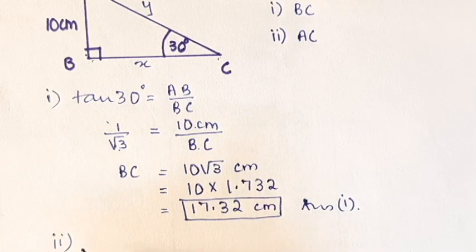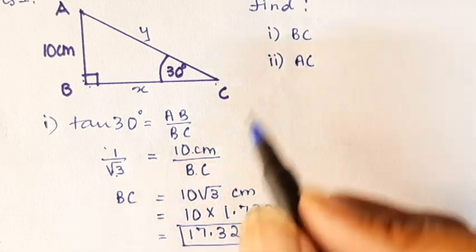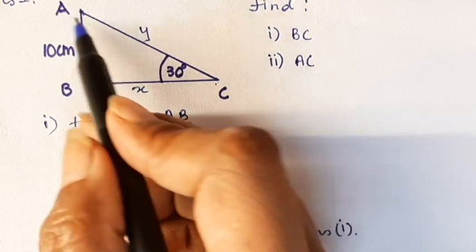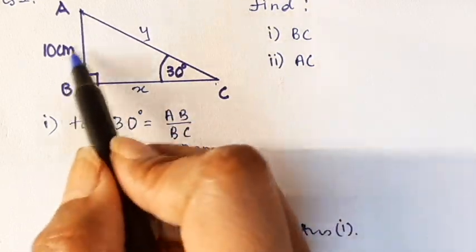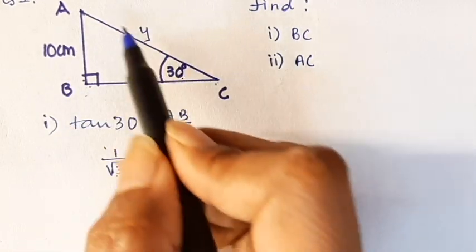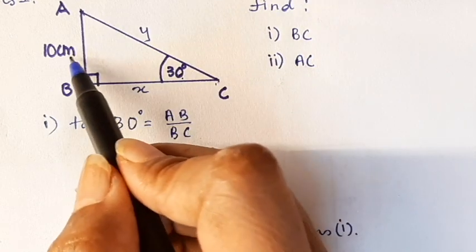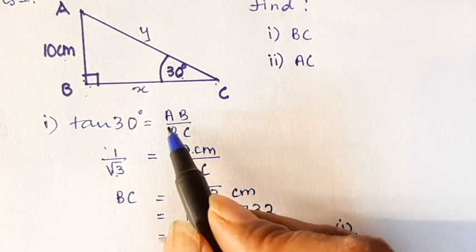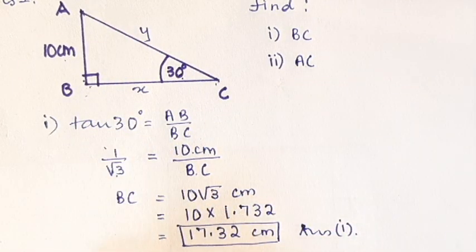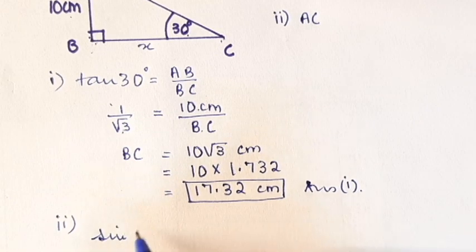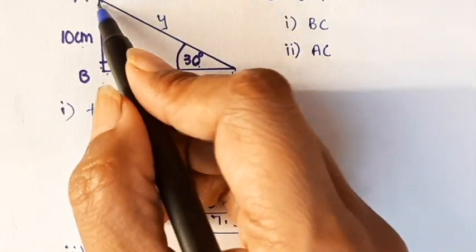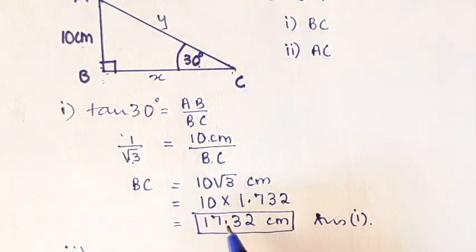In our second part, we are expected to find AC. Now AC and AB. AB is opposite to 30 degrees. AC is the hypotenuse. Opposite upon hypotenuse is your sine ratio. So we will take sine 30 degrees, and sine 30 degrees will be AB upon AC.